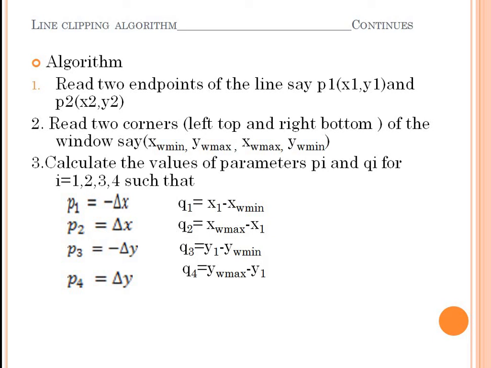So the algorithm is: first, we read the two endpoints x1 y1 and x2 y2, and after that read the two corners of the window, the left top and the right bottom, say xw minimum, yw maximum, xw maximum and yw minimum. Then we calculate the p1 to p4 and q1 to q4 values.